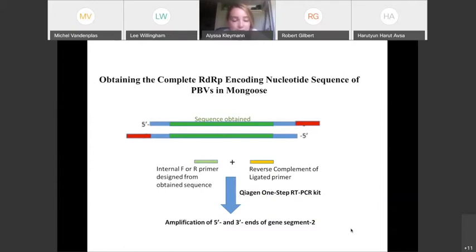So what we did was we used the combination of the 1.2 forward primer and the complement to the ligated primer at the 3' end, and similarly a complementary ligated primer at the 5' end and the 1.2 reverse primer to amplify both the 5' and the 3' ends of gene segment 2.